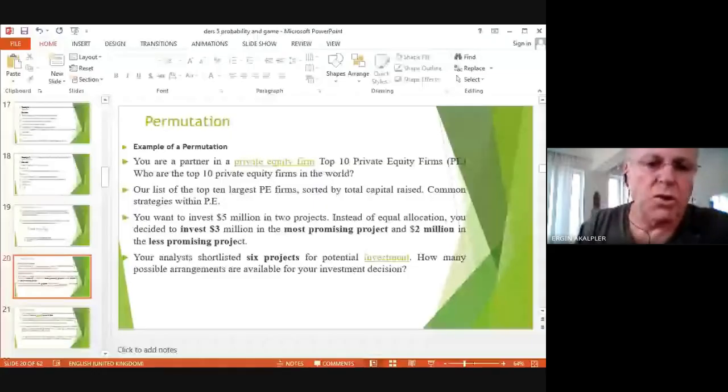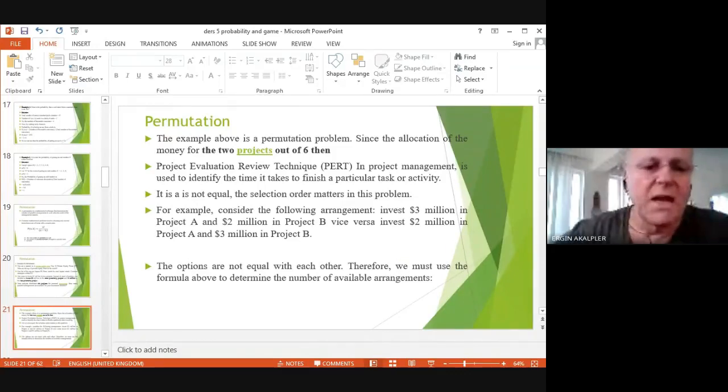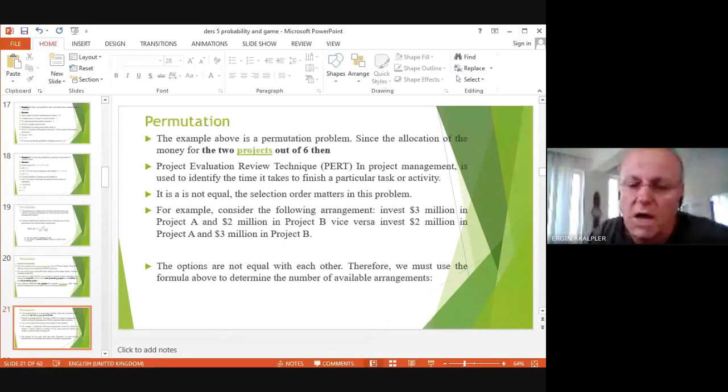In the example given here, we need to apply permutation, using the factorial, to estimate the possible outcomes of these two options.